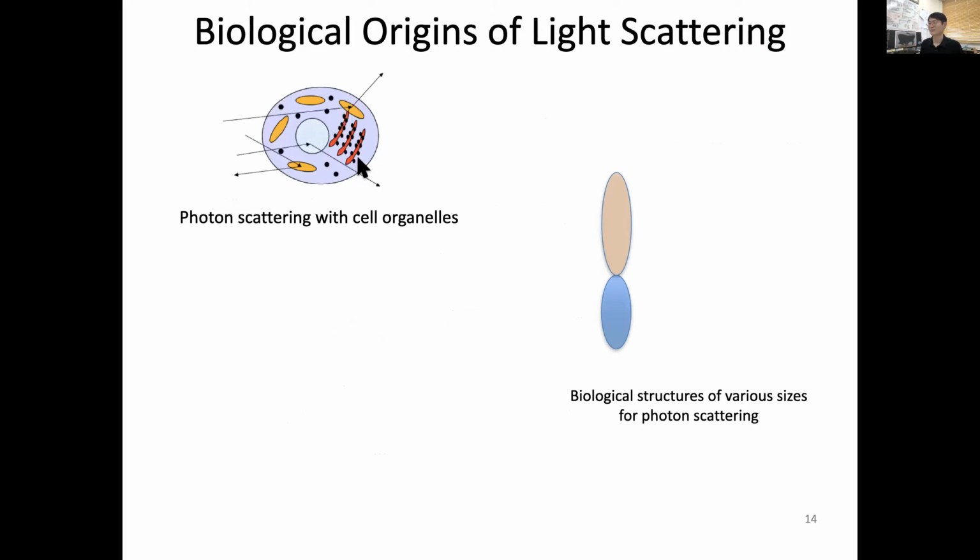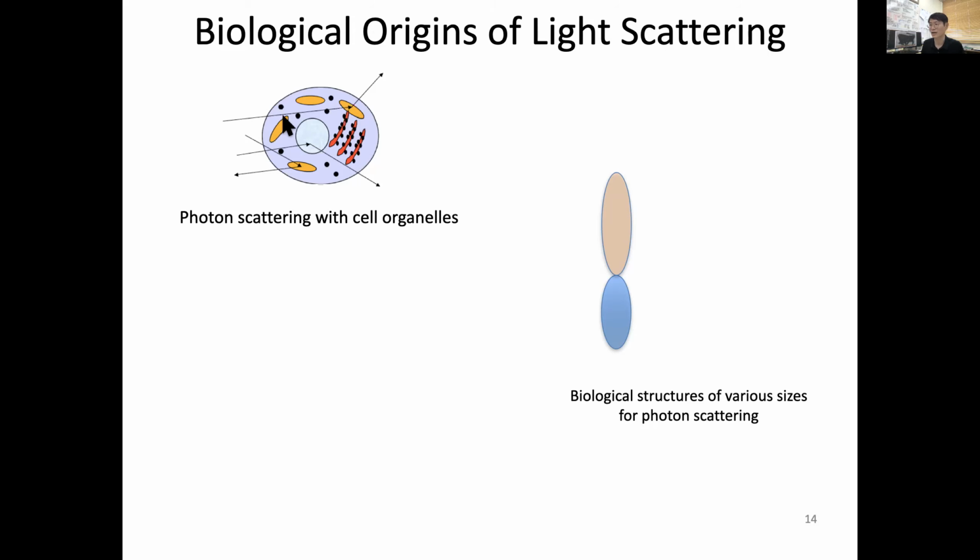So what happens when the light hits the cell? Those who have done cell culture will understand that when you look under the optical microscope, you don't see much contrast, unless you introduce a new contrast mechanism, such as phase contrast or DIC. Otherwise, you don't see much.